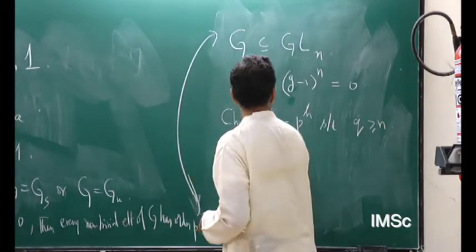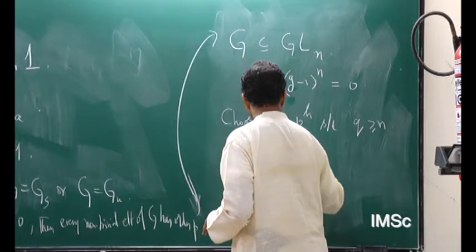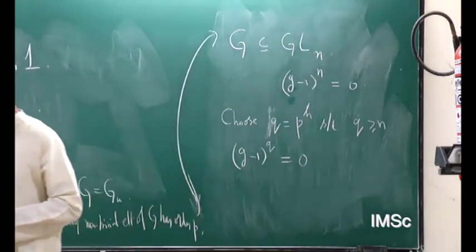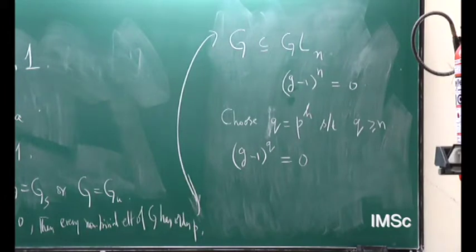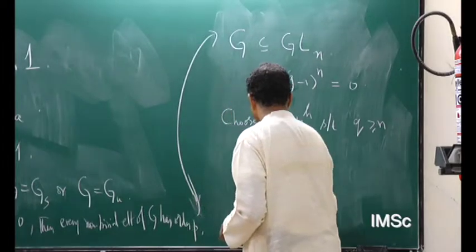Right? Then what do you get? (G minus 1) to the Q equals 0. So that gives you G to the Q equals 1.